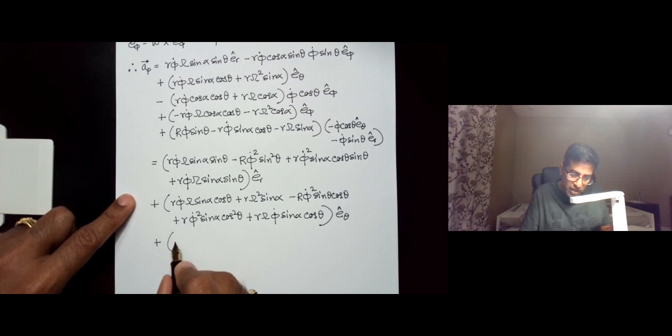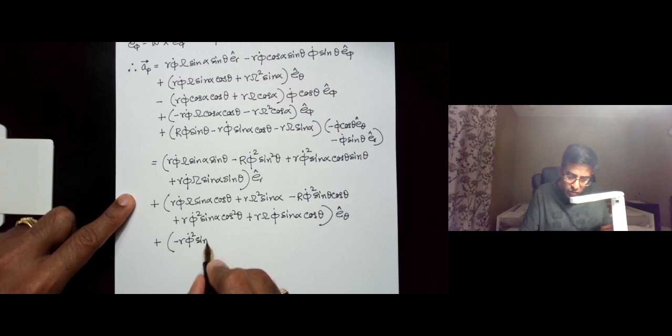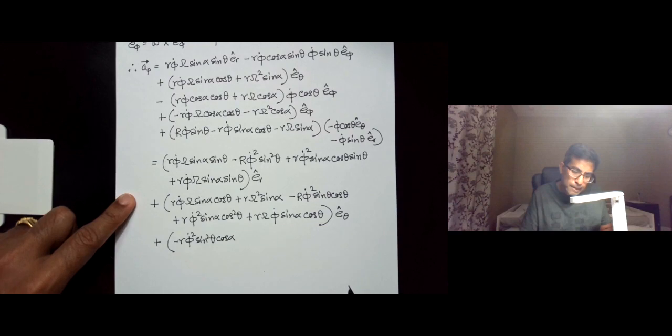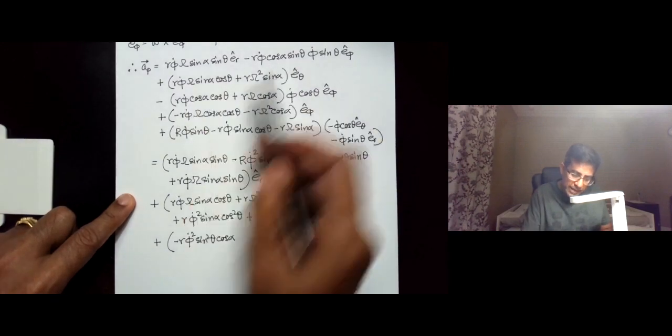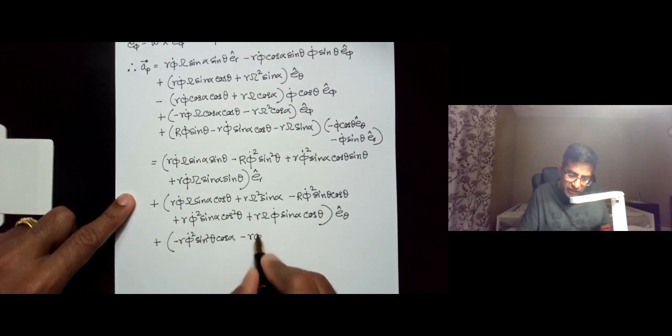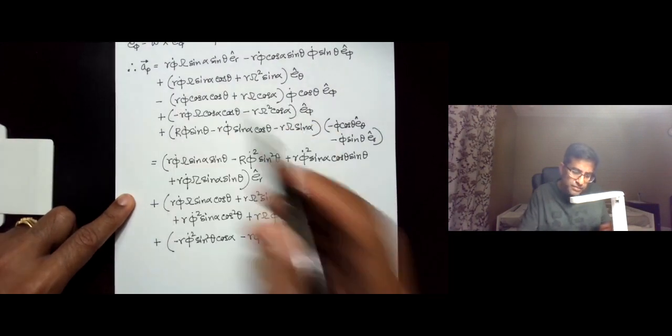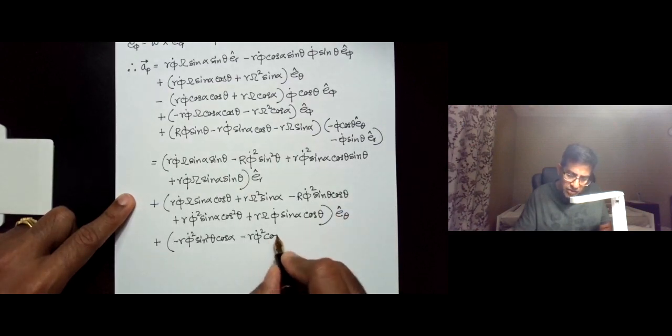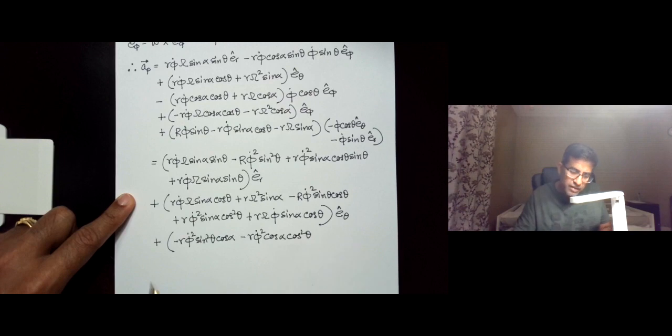We'll have minus r phi dot squared sine squared theta cosine alpha. That's a negative term. And then minus r phi dot squared cosine alpha cosine squared theta.